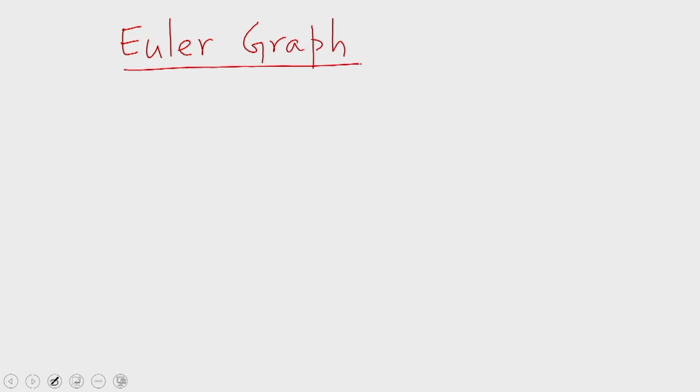First, let me define what is called an Euler graph. An Euler graph is a graph with an Euler circuit.